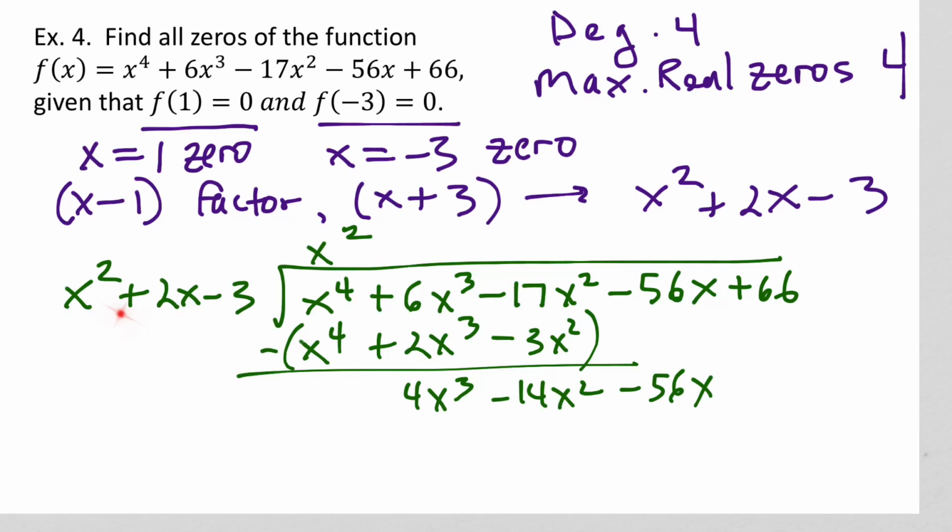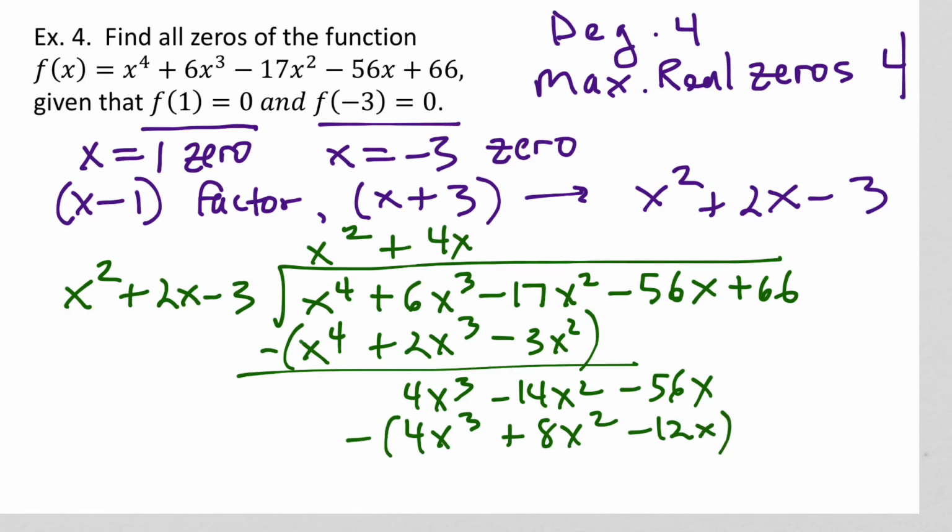All right, so we're going to go through the division again. What do I have to multiply x squared by to get 4x cubed? So that would be plus 4x. So I've got 4x times x squared is 4x cubed. I have 4x times 2x is 8x squared. I have 4x times negative 3 is negative 12x.